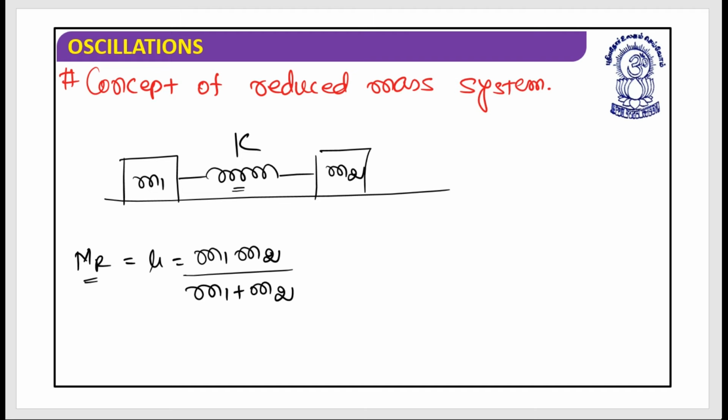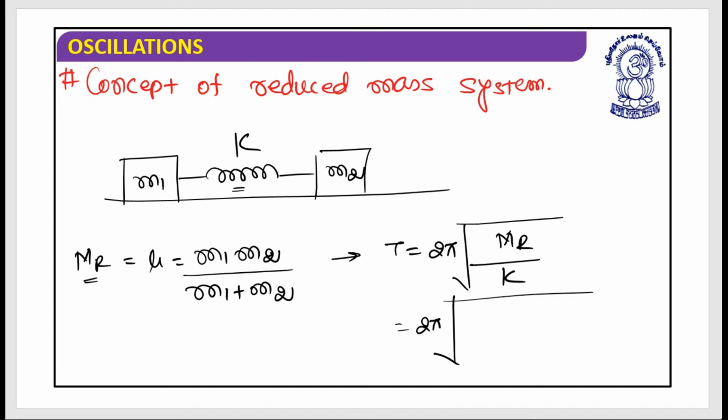From this, the time period is 2 pi under root of reduced mass divided by k. So this is equal to 2 pi root of m1 into m2 divided by m1 plus m2 into k. This is the time period.